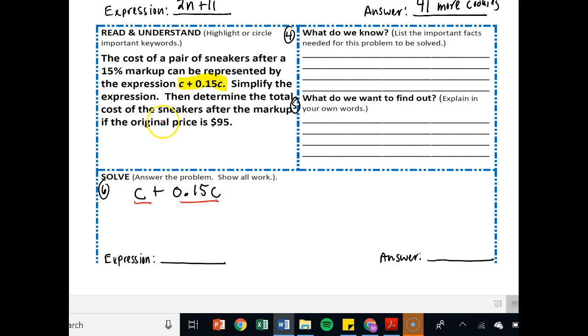C plus 0.15 C is actually 1.15 C. And now you just want to evaluate if C is equal to 95, right? So you're just going to literally plug in 1.15 parentheses 95, and I'm going to go ahead and let you solve that.